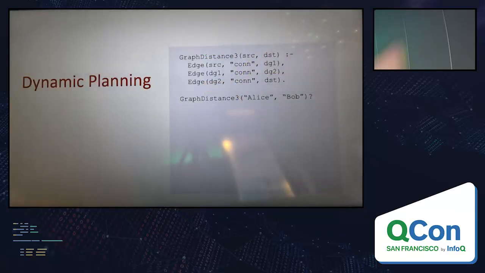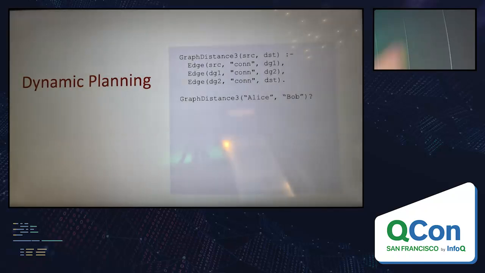Okay, dynamic planning. Let's look at a really simple query. This is graph distance 3. It's very relevant to our workload. It's just 3 hops: A is connected to B is connected to C. The workload is that I want to know if Alice is 3 hops from Bob.